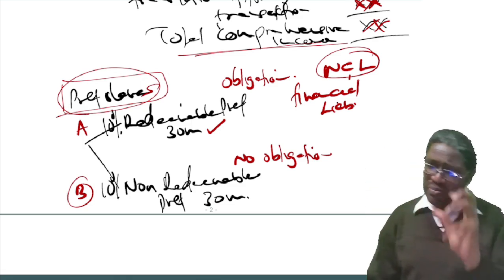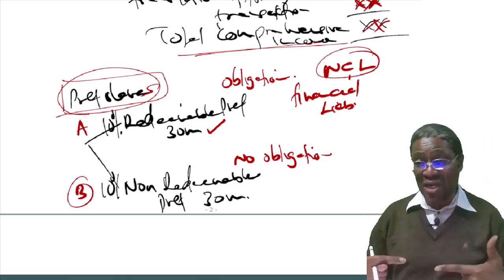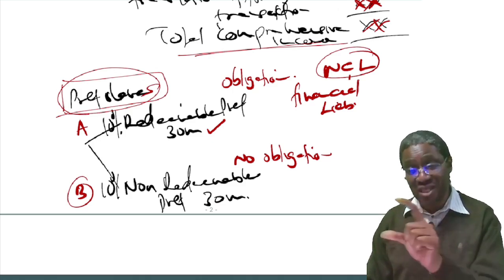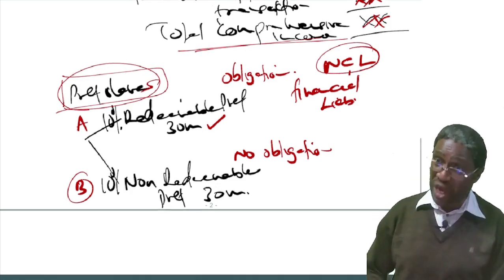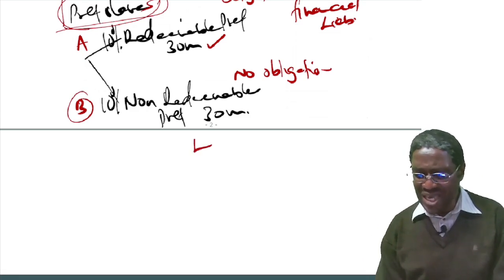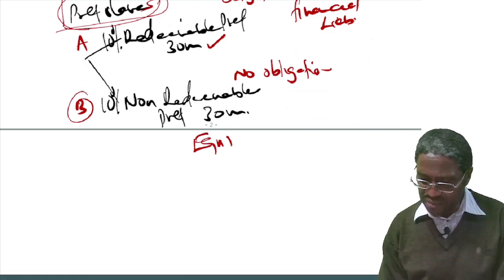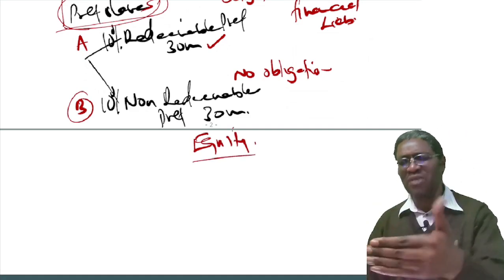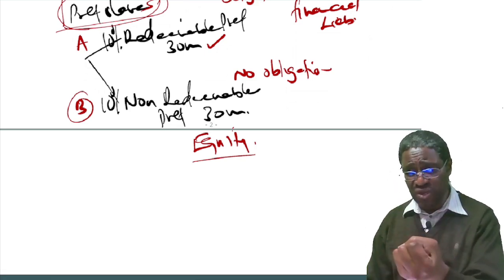But for company B, because they have no obligation to pay back the 30 million, you as company B will take your 30 million as part of capital in the balance sheet. Meaning, among the equities in the balance sheet, where you have ordinary share capital, share premium, general reserve, revaluation reserve, those are components of equity.